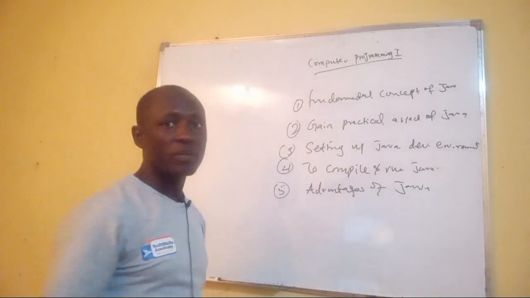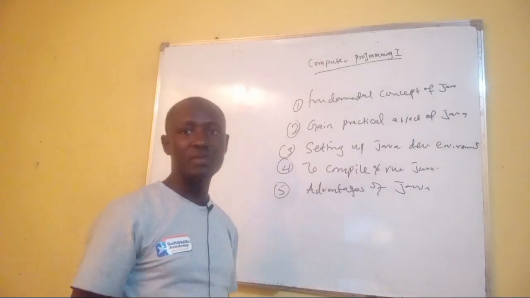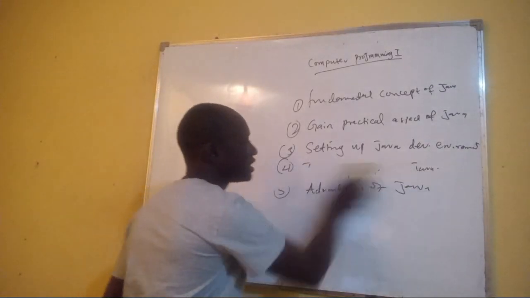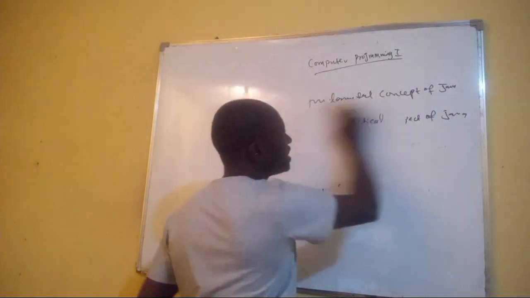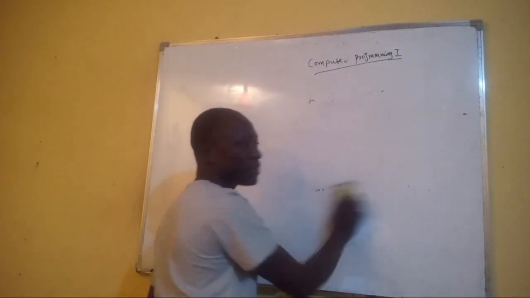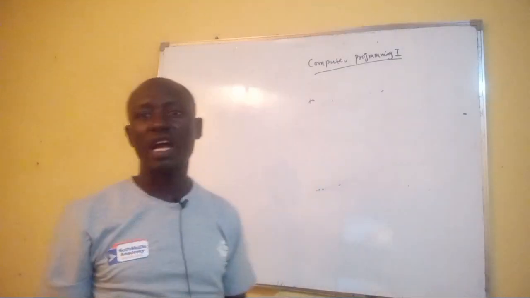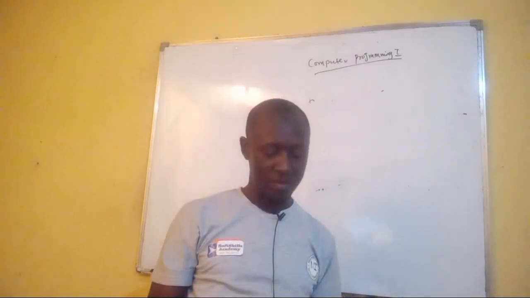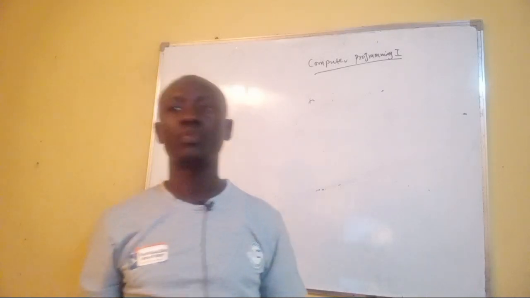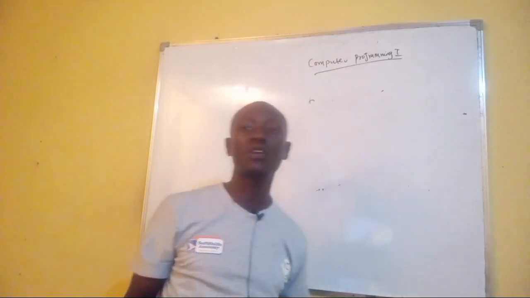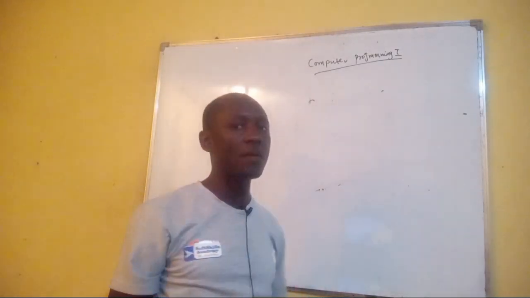So you are welcome again into the world of Java programming. This class is an overview where we are going to introduce the key fundamental aspects of how to write a simple Java program. As we all know, Java is a very powerful and versatile programming language that we use in developing a wide range of applications.